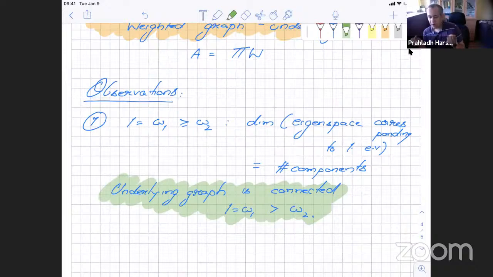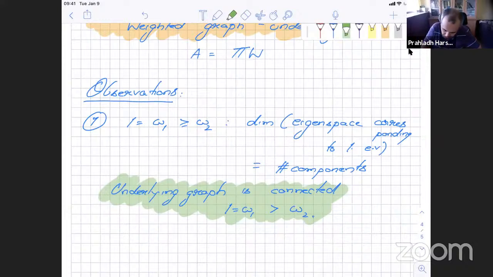The combinatorial notion will have the property that if the graph is connected, then the conductance will be non-zero. If the graph is disconnected, then it will be 0. But that will also be a quantitative measure, and we'll relate these two quantitative measures via what are called the Cheeger inequalities. That will be for the next lecture.